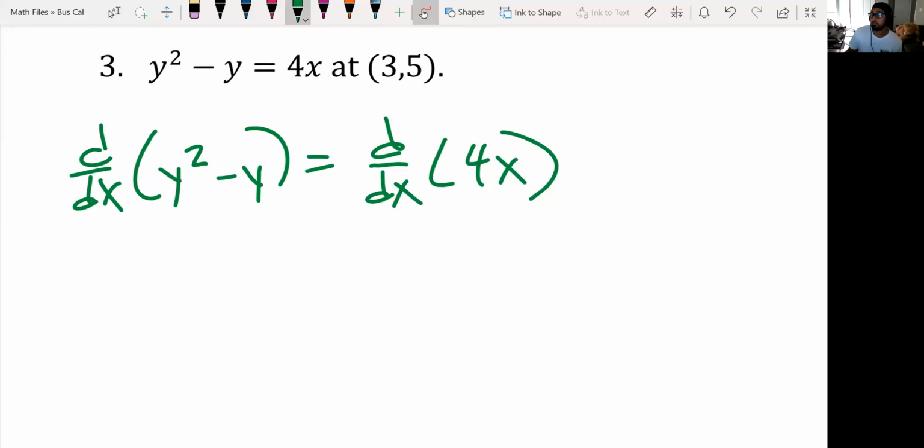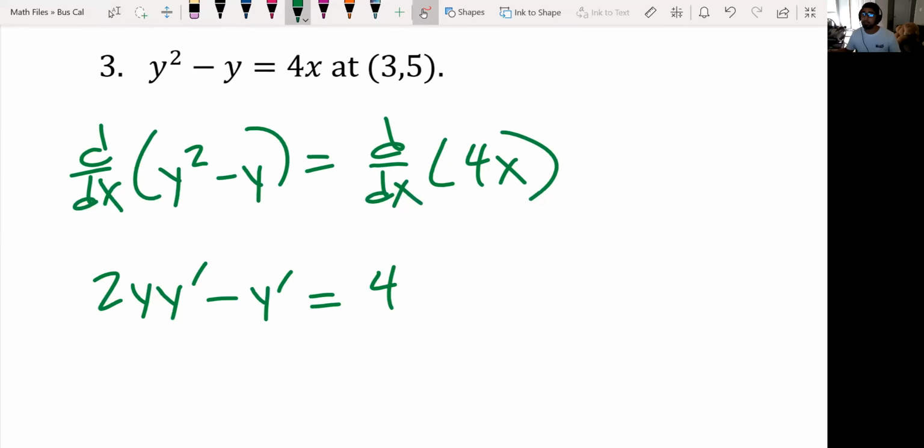And then take the implicit derivative on the left side. So once again, if you look at the key or the legend we made at the top of the first page, the implicit derivative of y squared is 2y y prime. Minus the implicit derivative of y is y prime, equal to 4.